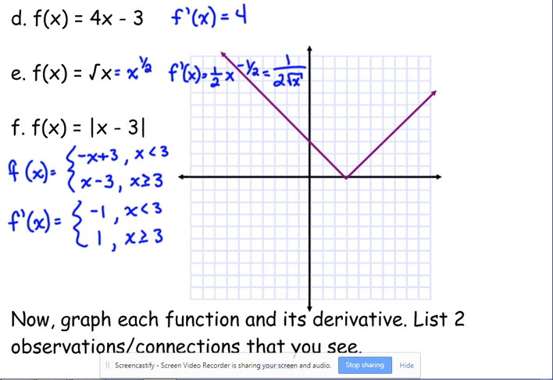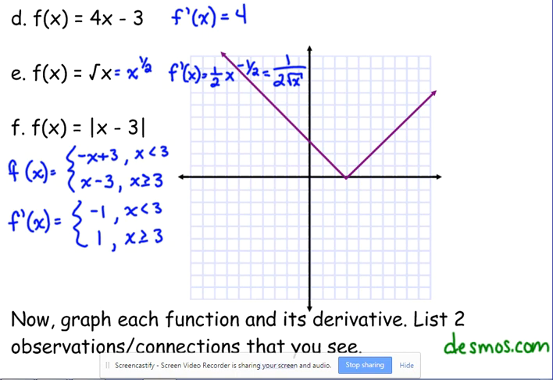If you don't have a calculator, I suggest using Desmos.com. It's a really good online graphing calculator utility. It'll do lots of cool stuff for you, so you can use that as a resource if you don't have a physical graphing calculator with you right now, because I haven't given you all any yet. So pause the video, graph the functions and their derivatives, and list what kind of connections you see.